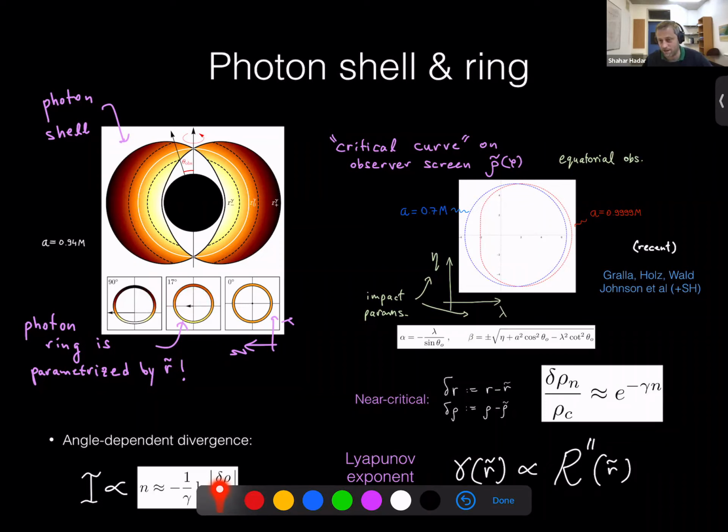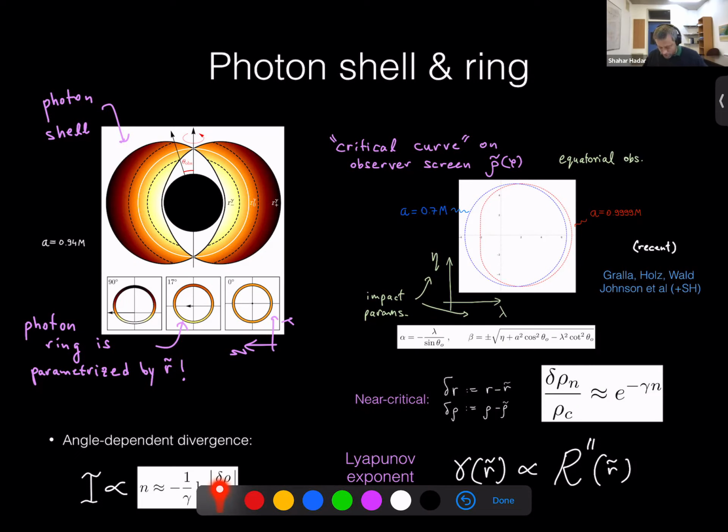And it turns out to be angles around the photon ring in the end. It's very different from any other celestial body that we look at, like a star or a planet, where we look at different angles and we see different angles. Here, we look at different angles and we see different radii. That's kind of contrived, and it's because of this strong lensing effect.